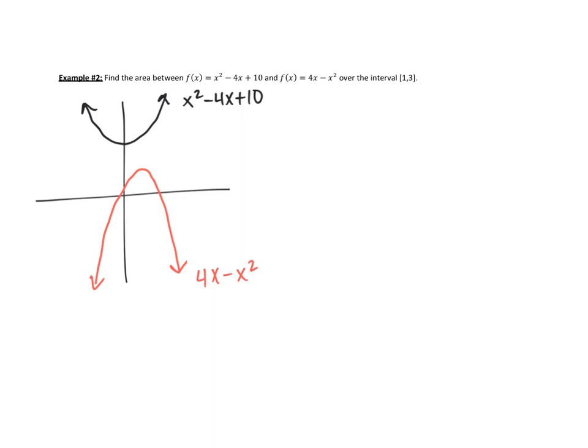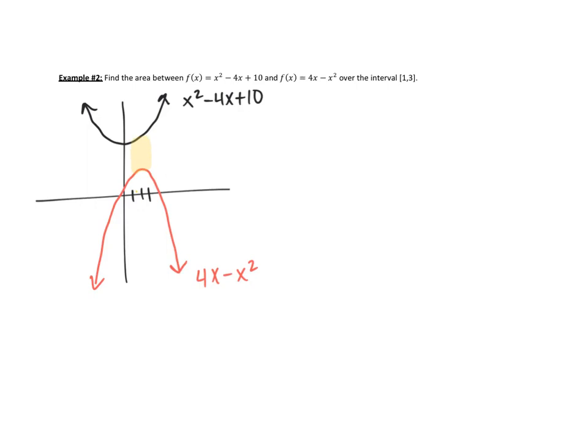And I want to find the area between these two curves from approximately 1 to 3. So 1, 2, and 3. So those are the values that I want to find the area between. So I want from here to here, but between the two graphs. So let's sketch it in so you can see it. So from about here to here.